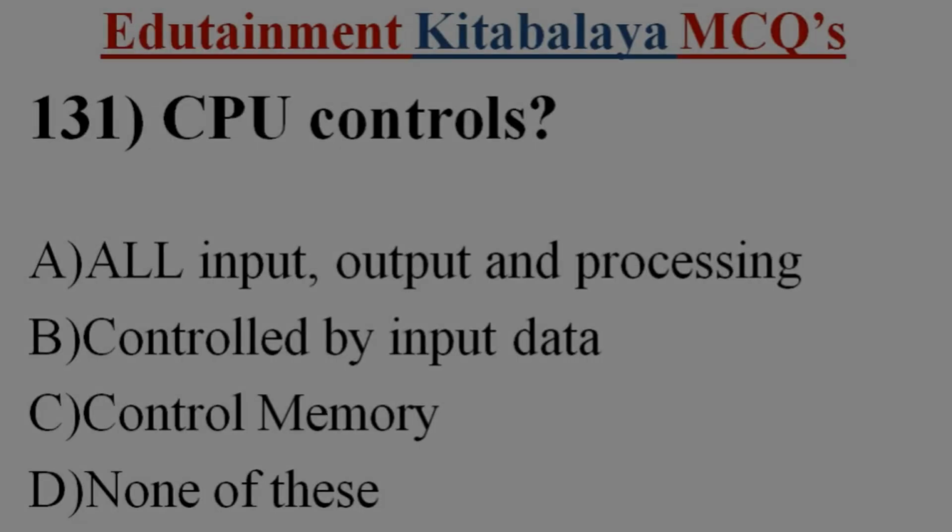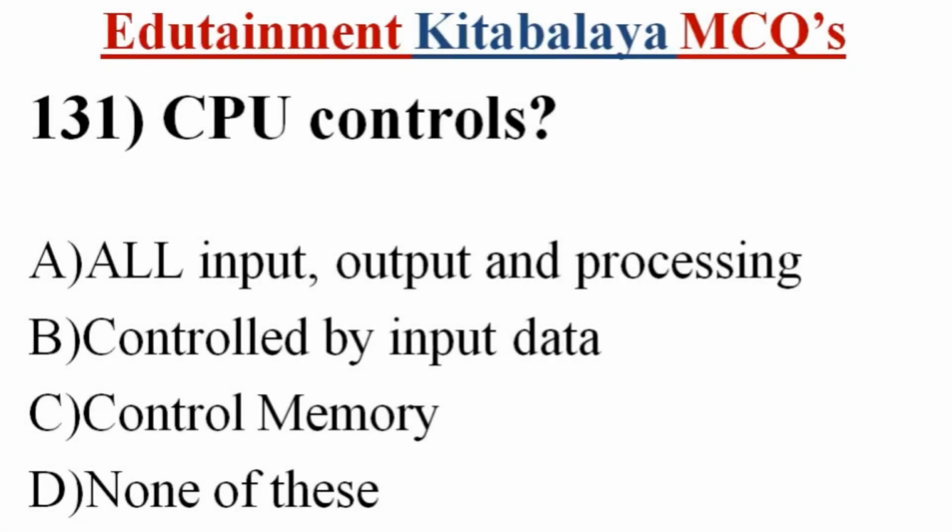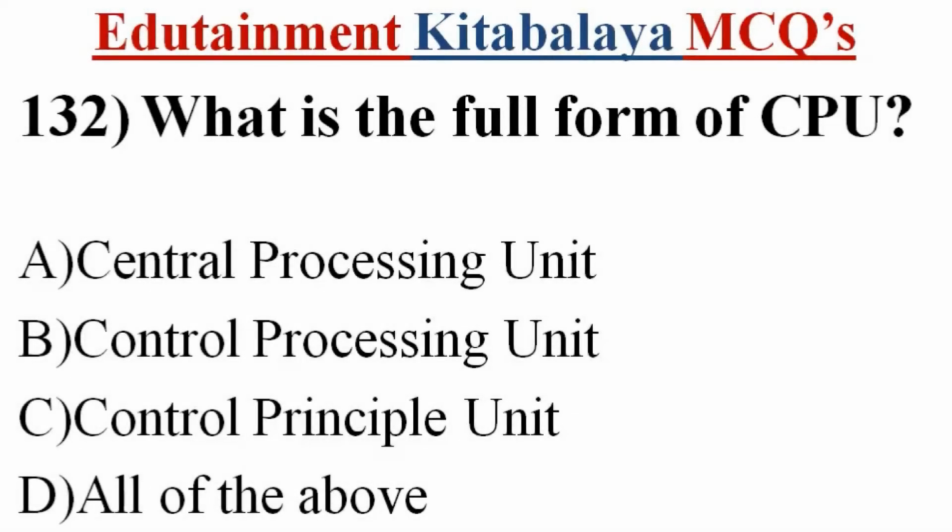Speaker. Question number 131. CPU controls? A. All input, output and processing. B. Controlled by input data. C. Control memory. D. None of these. Correct answer is A. All input, output and processing. Question number 132. What is the full form of CPU? A. Central Processing Unit.